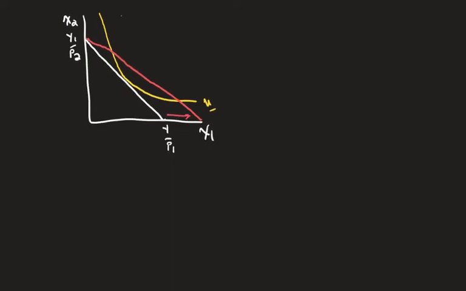And depending on what my preferences look like, I think that's another higher level of utility. Call that U, lower. And then what choice do I make in the event that the price of good 1 goes up? Well, that will just rotate us down, P high.